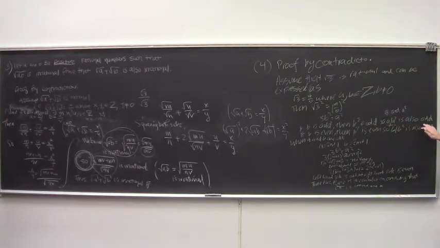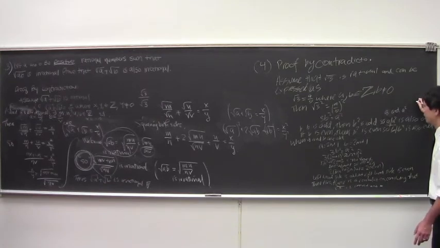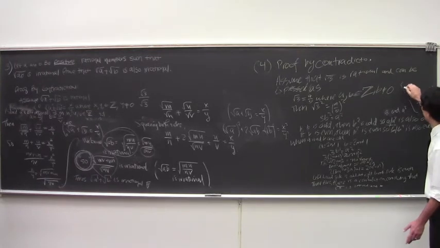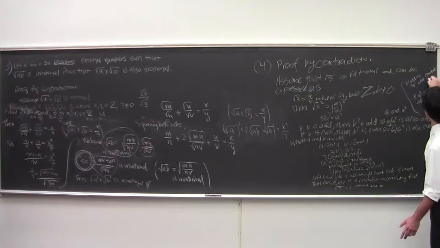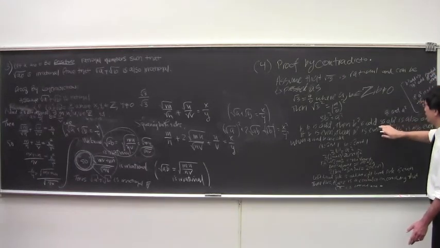Okay, so that's true. If you want, properly you should put in a little blurb of justification, right? b squared odd implies 3b squared odd, since the product of odds is odd.